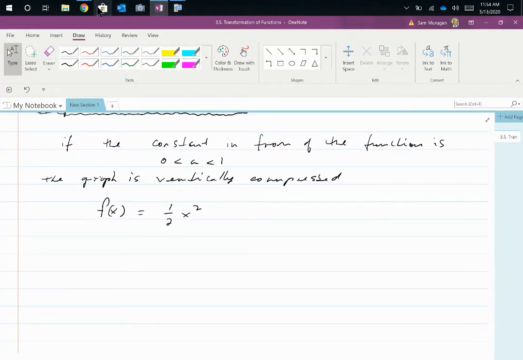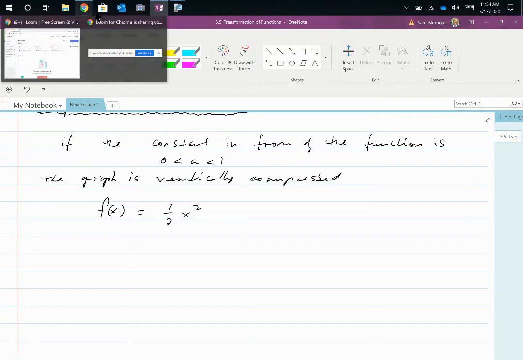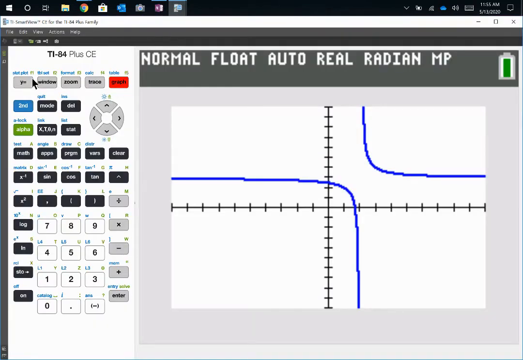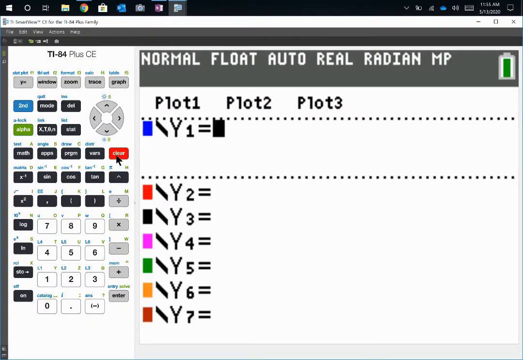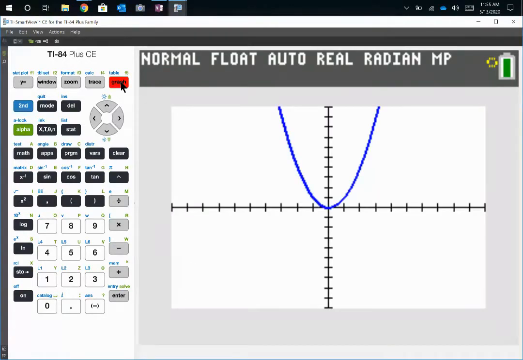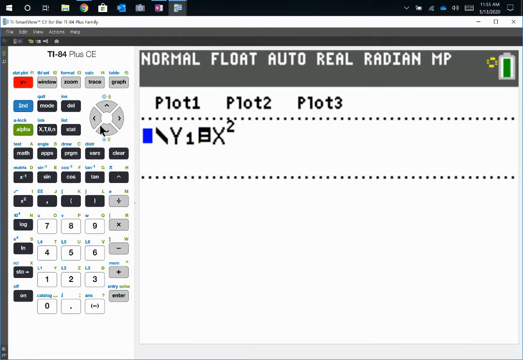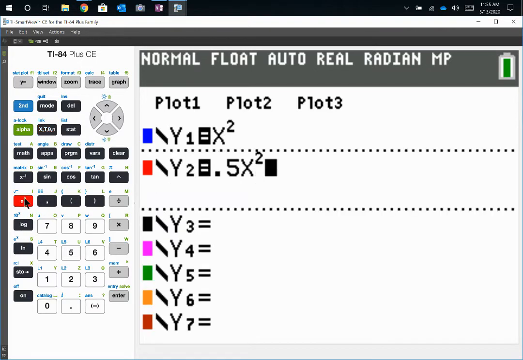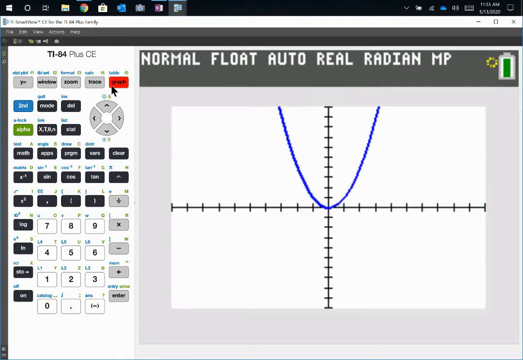All right, to see this, we can perhaps graph the original function and then look at the effects of adding that fraction to it. So if I say x squared, I know my graph looks like this. And if I were to tack a half in front of it, 0.5, you can see the graph has been flattened.